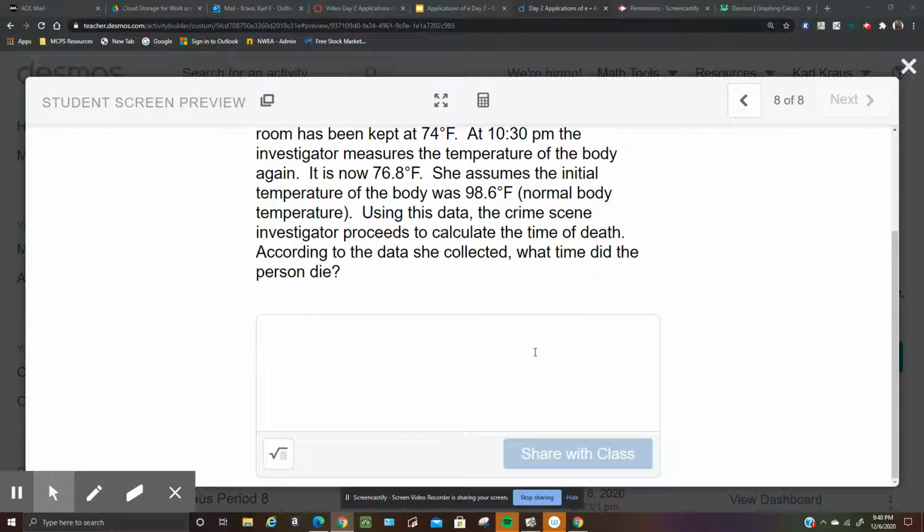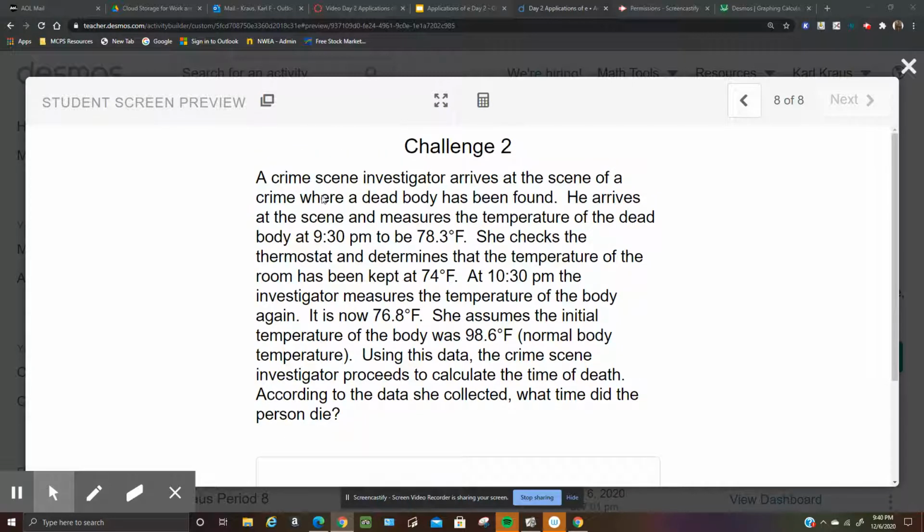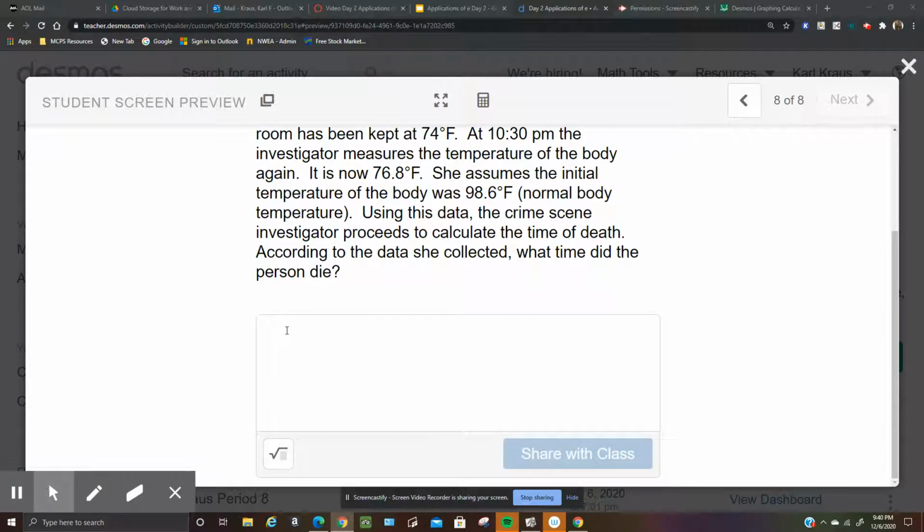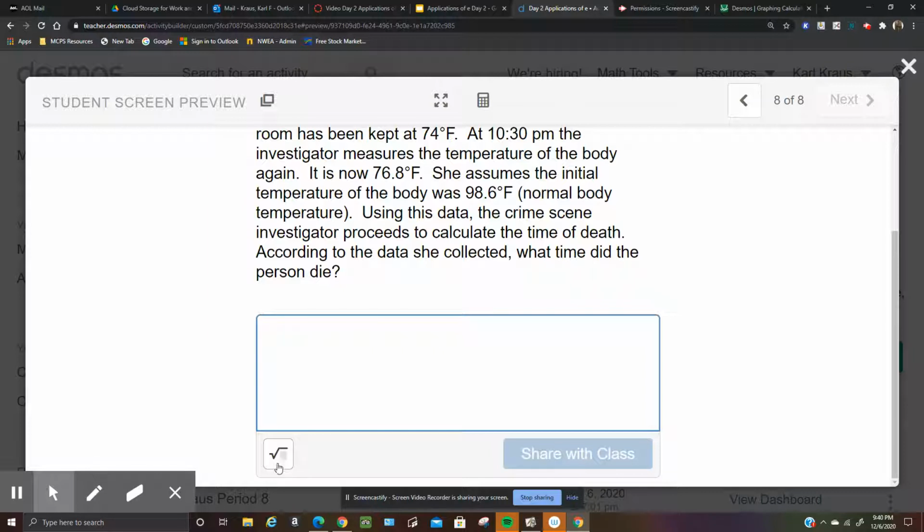So the first part of the problem, the final temperature of the body is 76.8. So 76.8. And then the room temperature is 74.